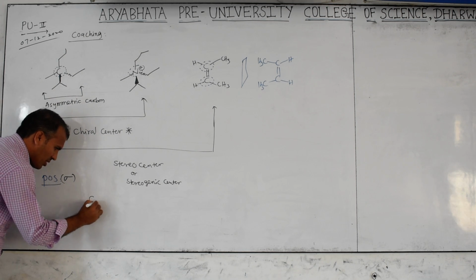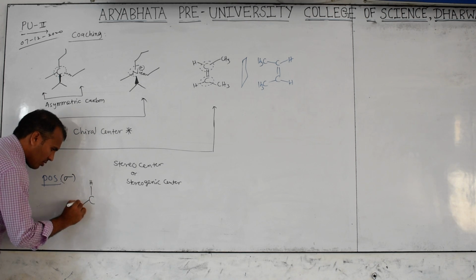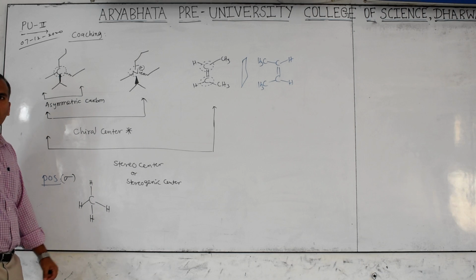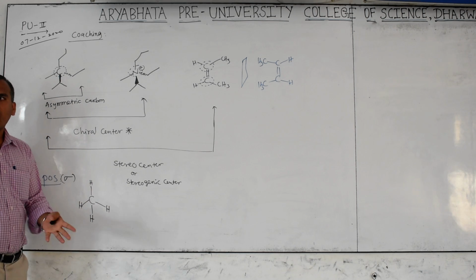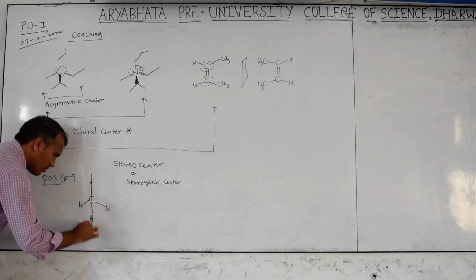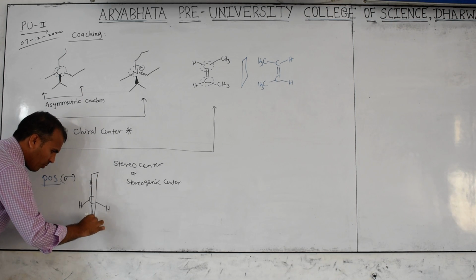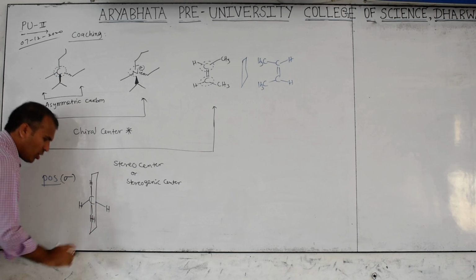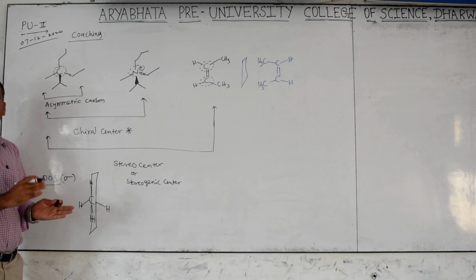Now see, in the previous class I may have given this one. This is which molecule? Methane. Cut this molecule in any direction and you will get a plane. Now I am cutting this molecule like this. This is a plane. A plane passes through the molecule and divides it into equal parts.